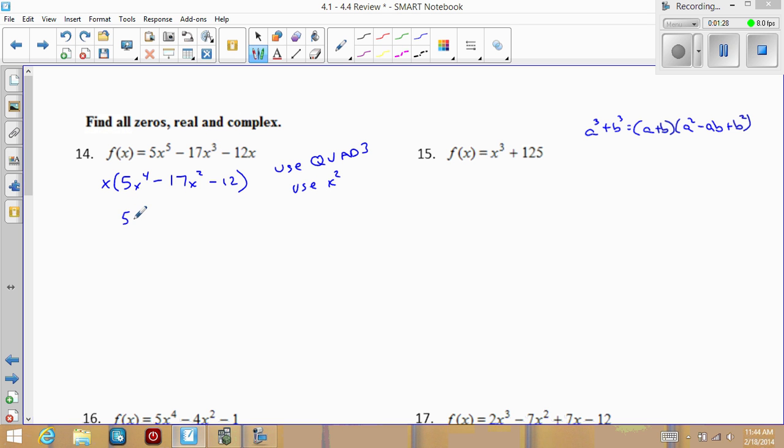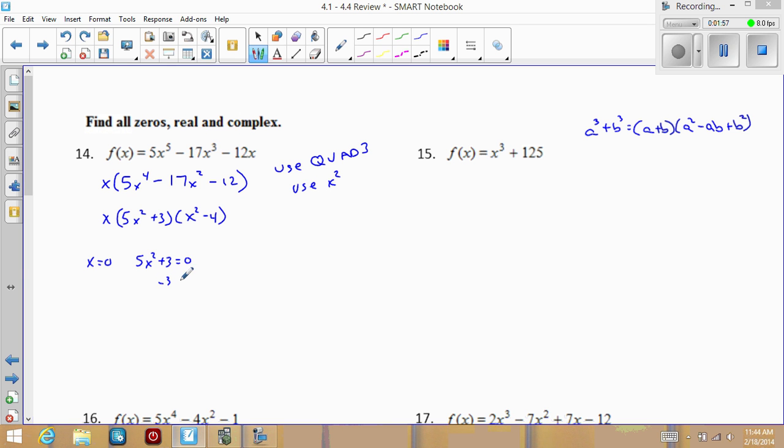So we want to write 5x squared plus 3 and x squared minus 4. And don't forget about the x out in the front. Okay, so now we have factored this down, and we need to put x equals 0, and then 5x squared plus 3 equals 0, and solve that.